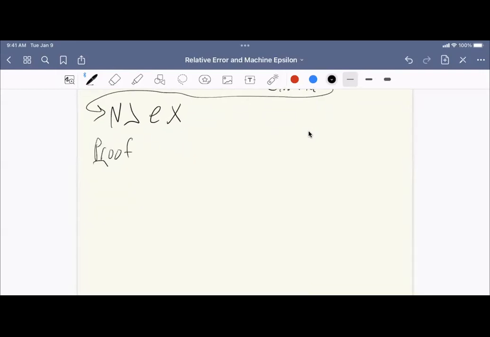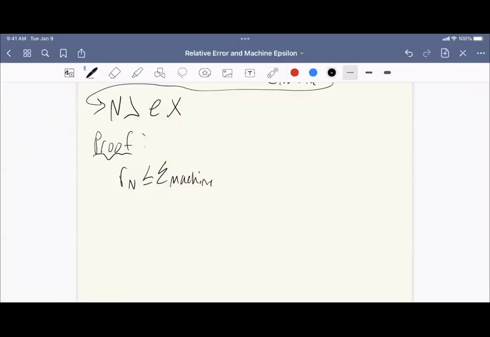Proof. So we already have that Rn is less than or equal to machine epsilon, right? So we can simply just use our upper bound for our relative error that we computed in the last video.